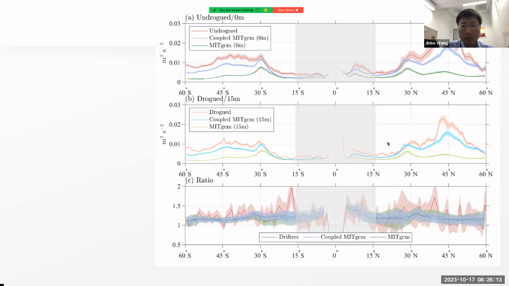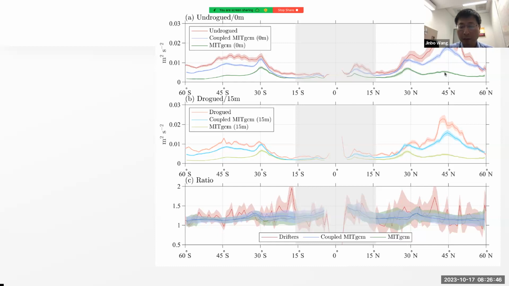So if you focus on MRTGSM, which is the LSC for 2160, Brian, I know you are there. Correct me if I'm wrong, or maybe you can jump in and explain this. The green line is a forced MRTGSM. If we do a latitude band average, it does not have enough NIO compared to the red line, right? That's the Drifter based.